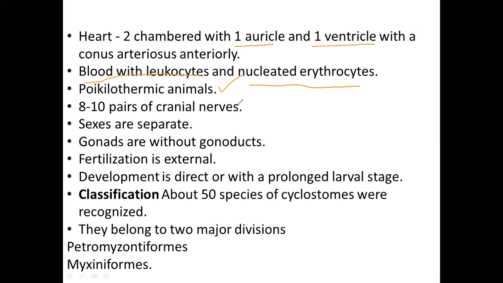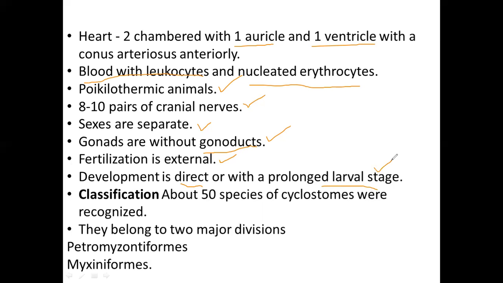Coming to the nervous system, 8 to 10 pairs of cranial nerves are present. Male and female cyclostomes are different, that is, the sexes are separate, and they have gonads without gonoducts. Coming to fertilization, it is external fertilization, and development is either direct, without any larval stages, or indirect, with prolonged larval stages.